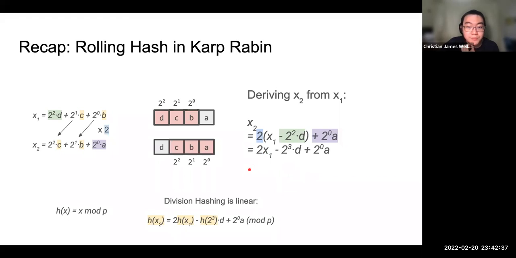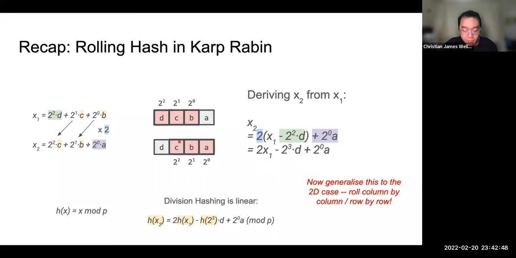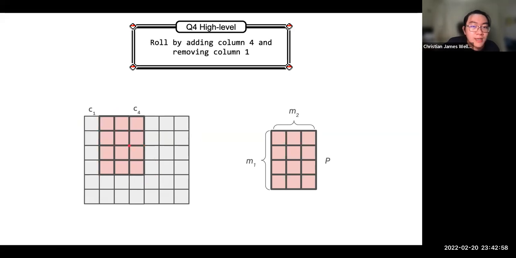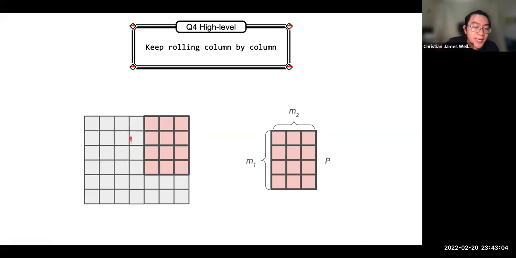We try to generalize this to the 2D case. Instead of rolling like in the 1D case, we will roll column by column or row by row. From a high level, let's imagine what the algorithm looks like. We start from the top left corner, then roll by adding column number 4 and removing the first column, and we keep rolling column by column.